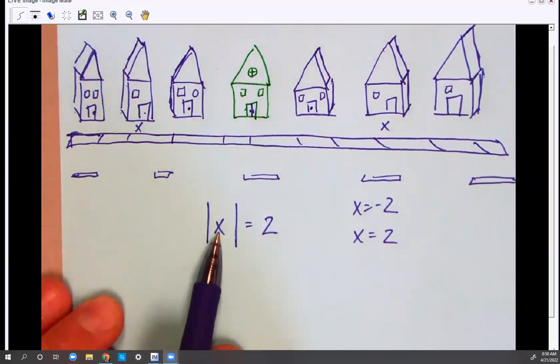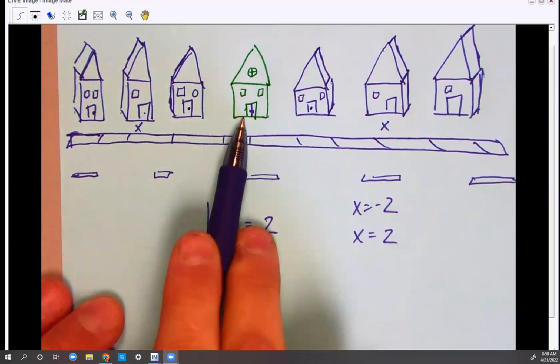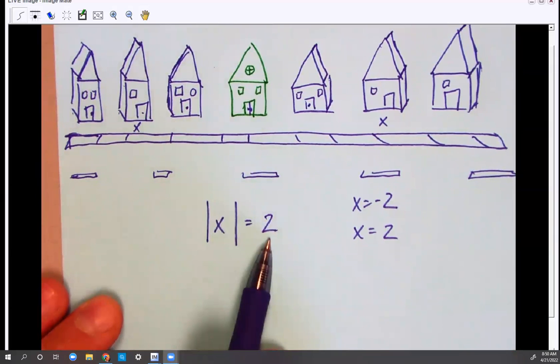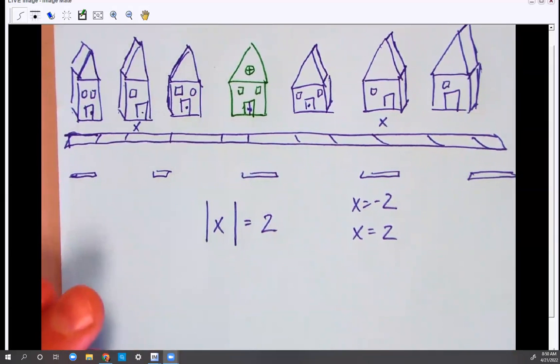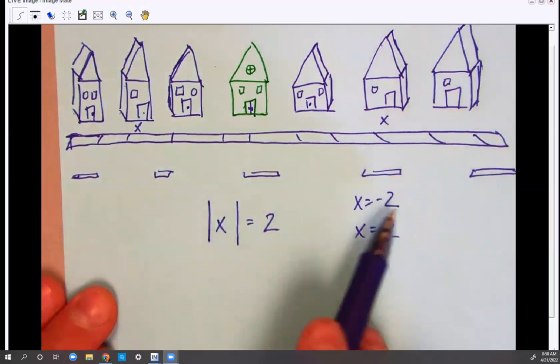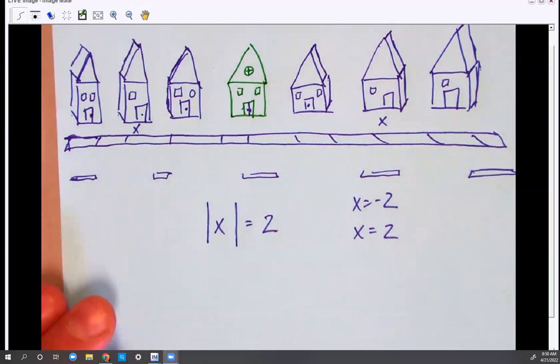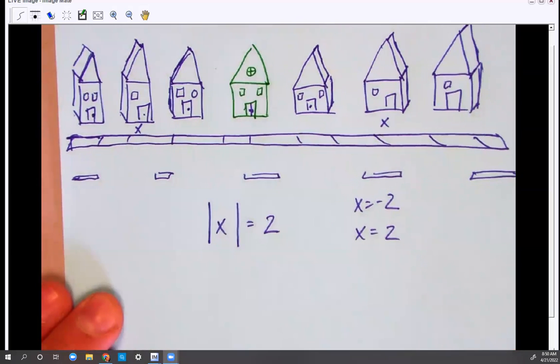So our distance from our friend's house is a distance of 2 houses. And that could be to the left, which would be a negative, or it could be to the right, which would make it positive.